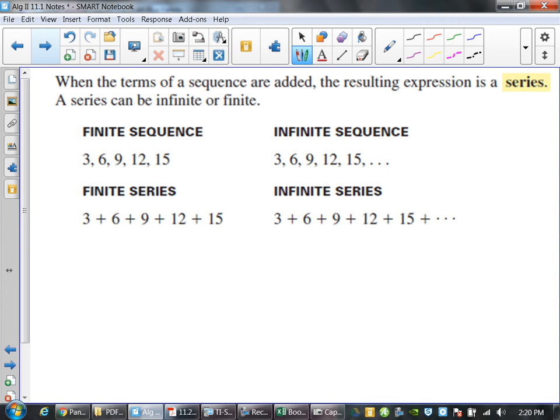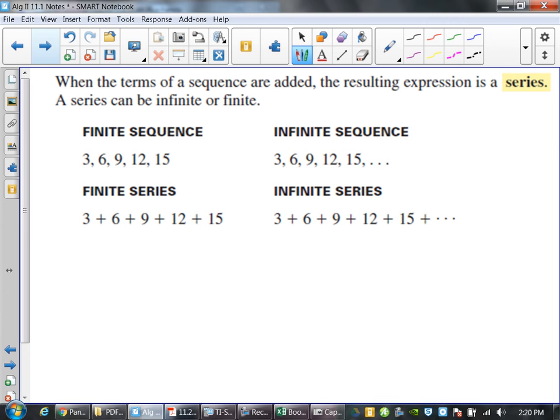What's the difference between a sequence and a series? The addition sign. A series is you're finding the sum of a sequence. You're adding everything up in the sequence to find the sum.